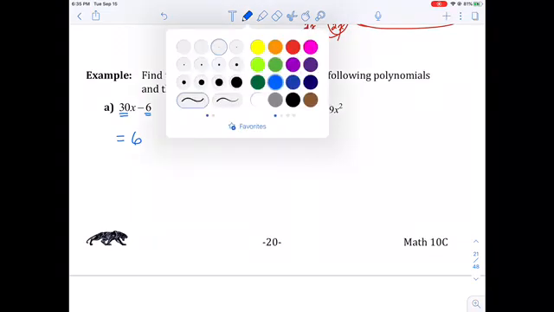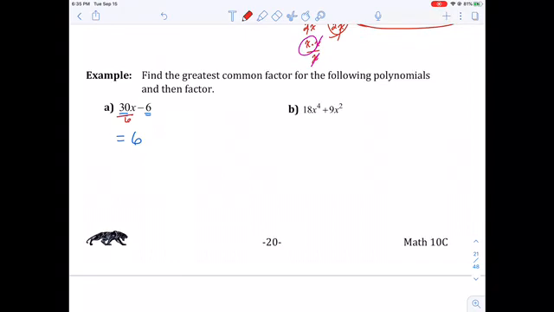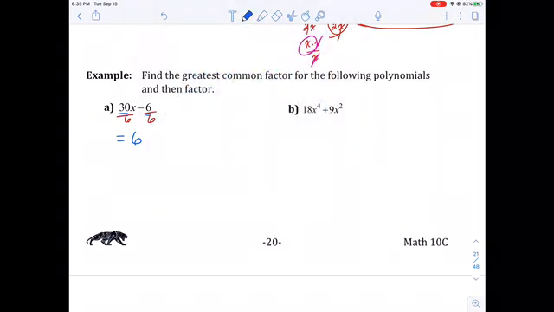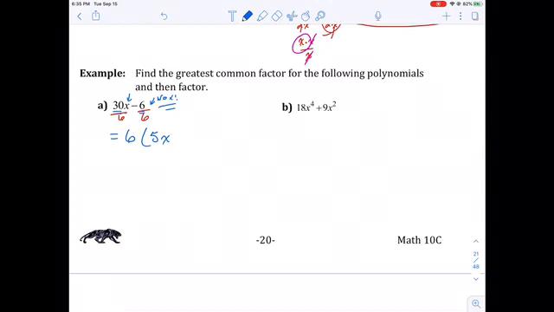When I then divide both of these by 6, there's no common variable, is there? Because there's an x here, but there's no x here, so therefore there's no common x. When I divide 30x by 6, I get 5x, and 6 divided by 6 is a 1 with a minus sign, of course. That's a negative 6 divided by 6.